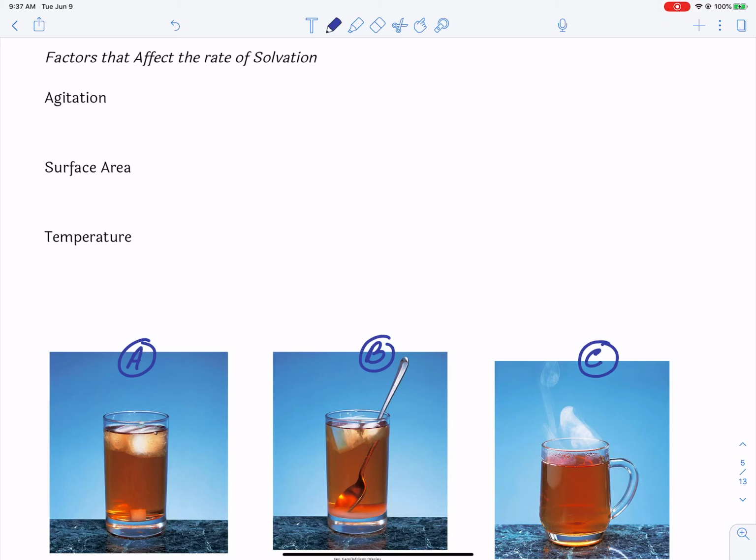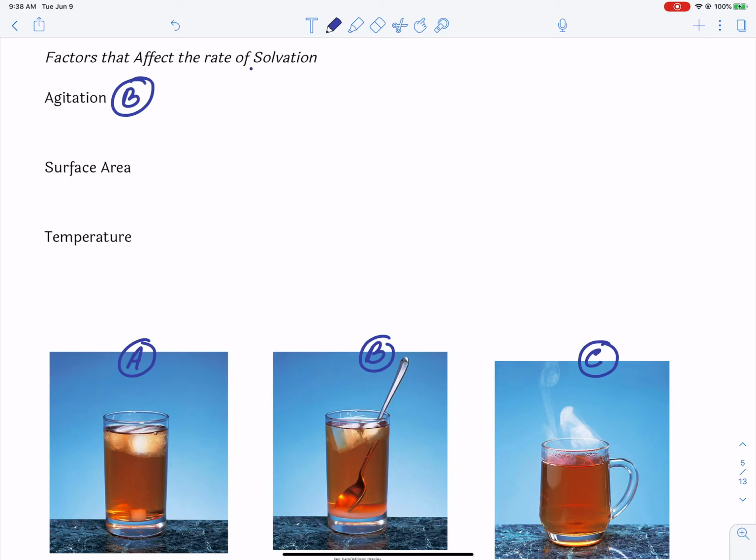So I just labeled these three pictures A, B, and C. And if we were in class, I would say, okay, which one looks like it's representing agitation? And for those of you who don't know quite what that word means, it's basically mixing, stirring. So this is, of course, B. And so how does that affect the rate of dissolving?